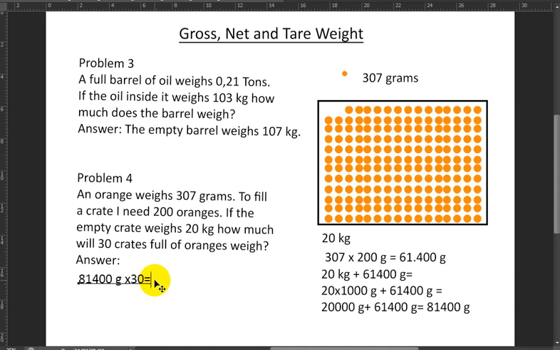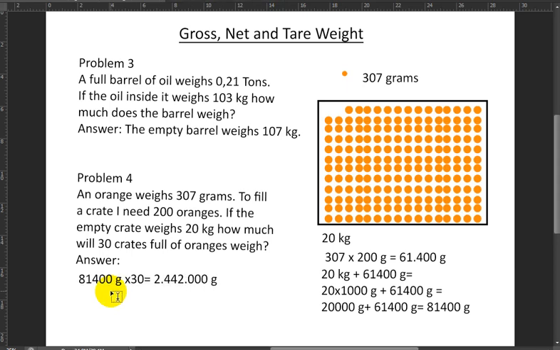Okay, so let's figure that out. We're going to have 3 zeros, 2 from here and 1 from here, and then we're going to have 2, 4, 24. Okay, that many grams.